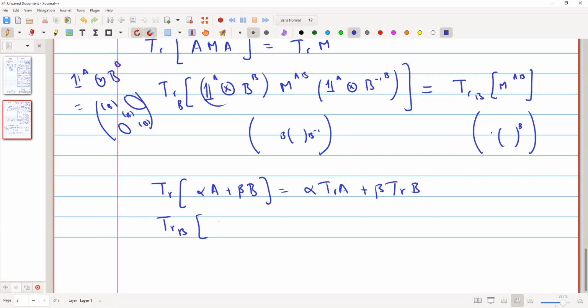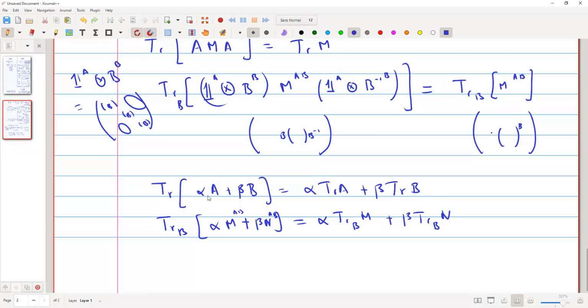So let us say alpha M plus beta N. Remember, just to remind you, this is on the system AB. So you can check again by the same block picture that this is alpha partial trace of M plus beta partial trace of N. So the partial trace is also a linear operator.